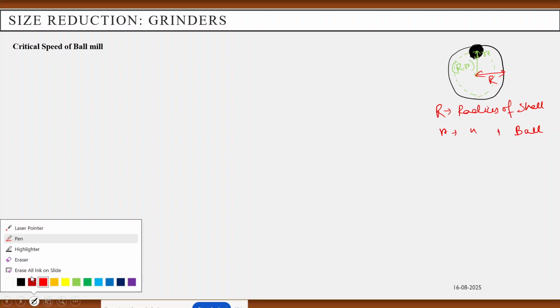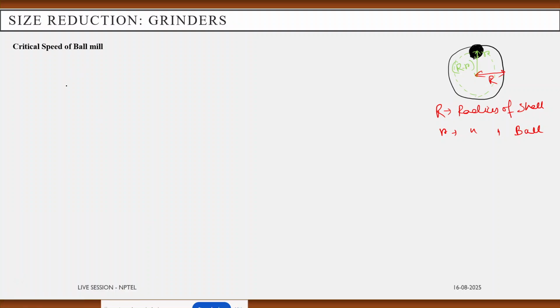So we are now going to consider the case at the onset of centrifugation.